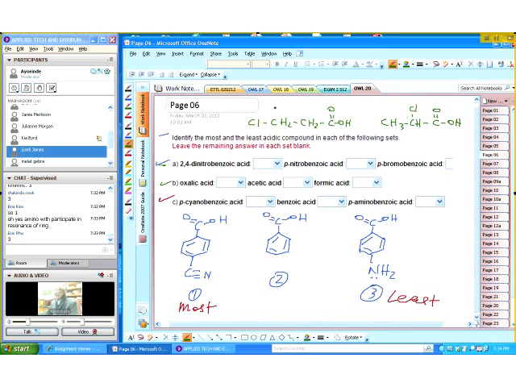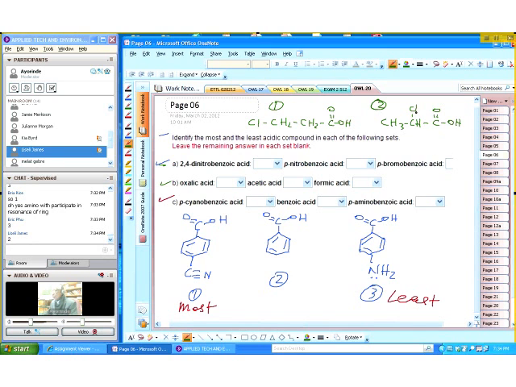Now, which of these two molecules will be the more acidic? Let us call this 1, and this is 2. Which of these two will be the more acidic?